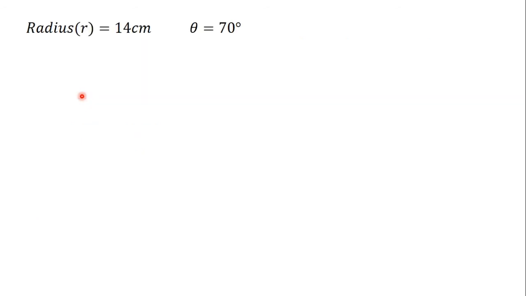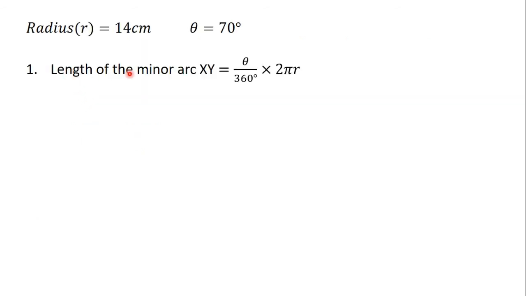So the question says we should find the length of the minor arc XY. We have the radius as 14 centimeters and theta as 70 degrees. The formula is theta divided by 360 degrees times 2 pi r. So this is going to give us 70 degrees divided by 360 degrees times 2 times pi times 14 centimeters.